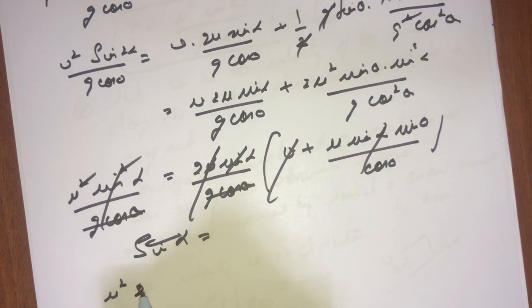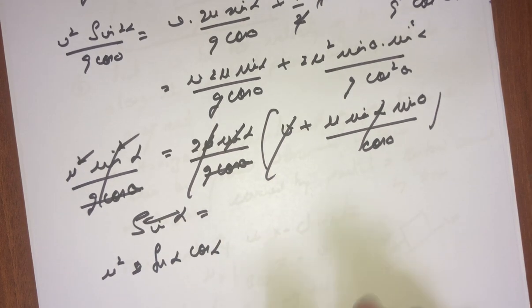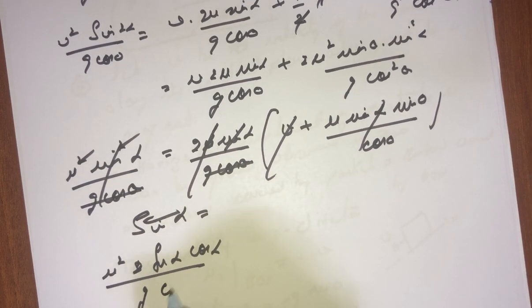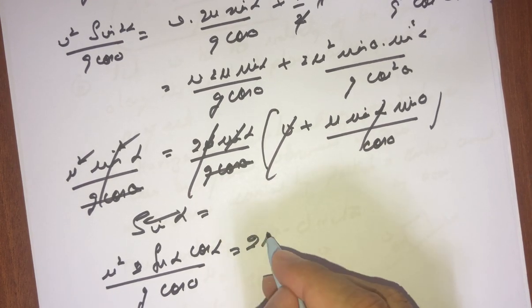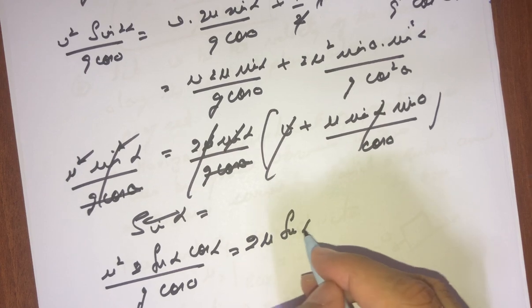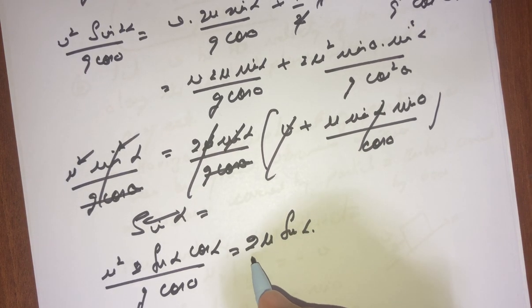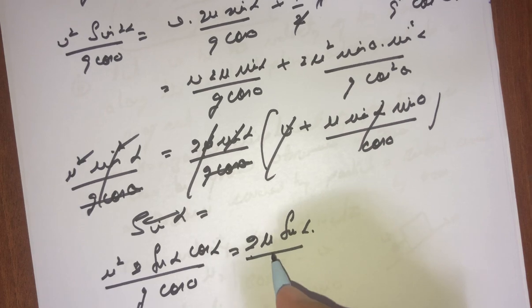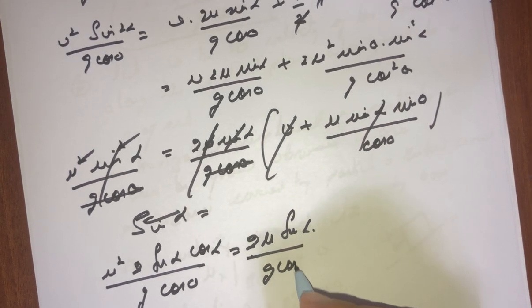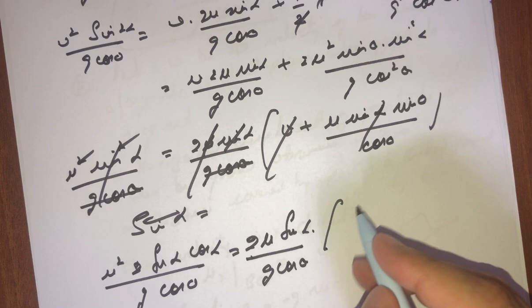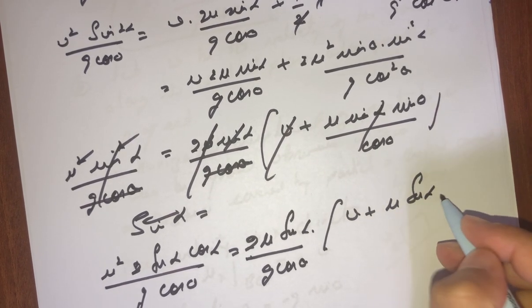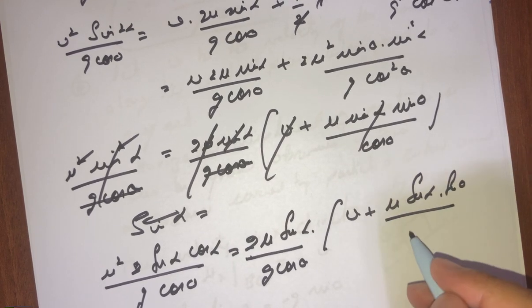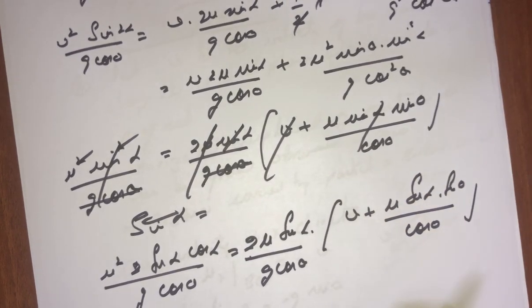So we can write 2 sine alpha cos alpha divided by g cos theta is equal to 2u sine alpha divided by g cos theta times v plus u sine alpha sine theta divided by cos theta.